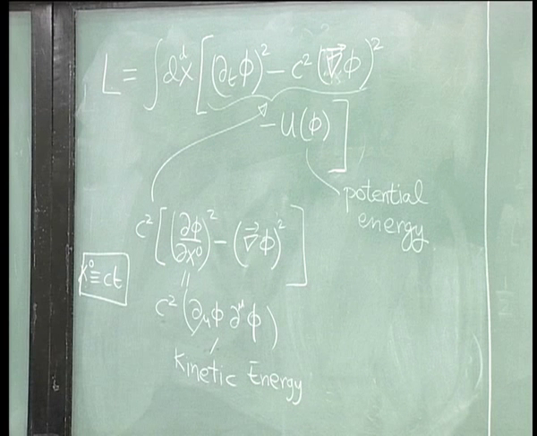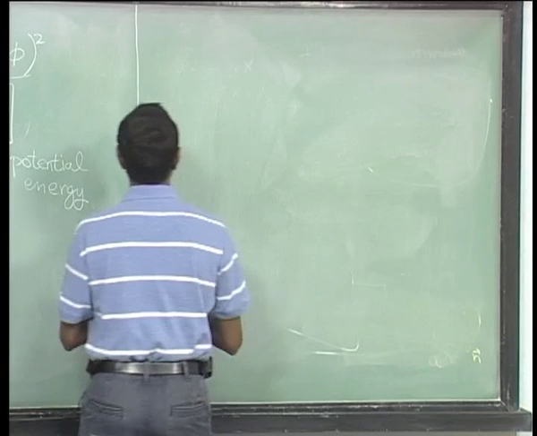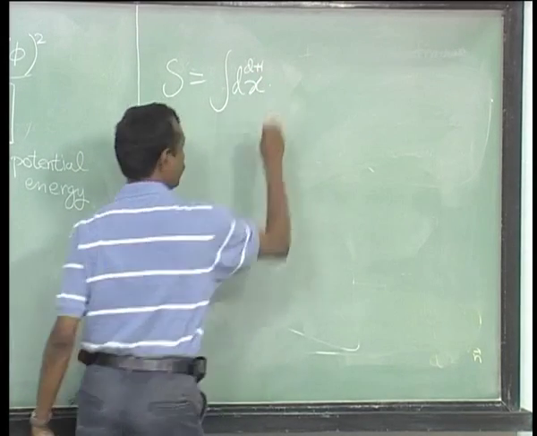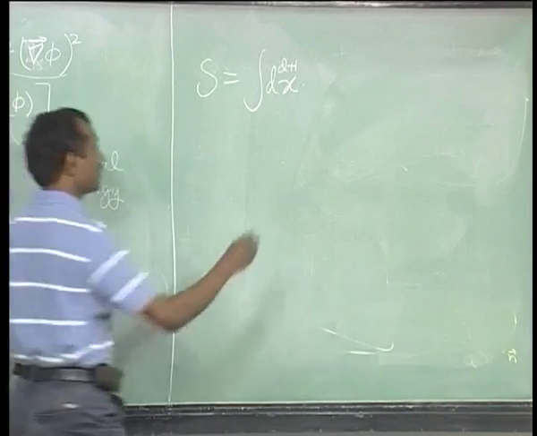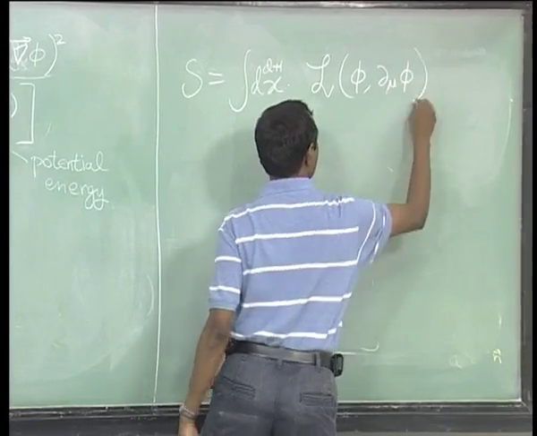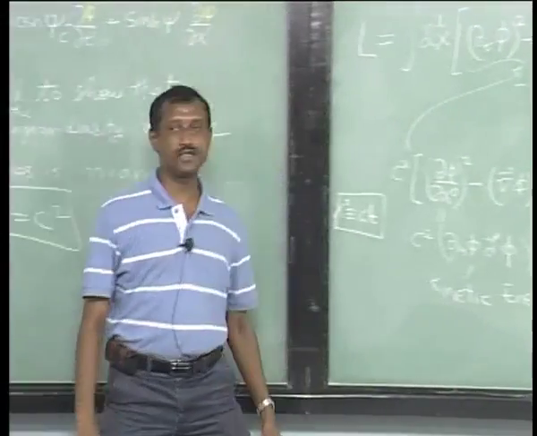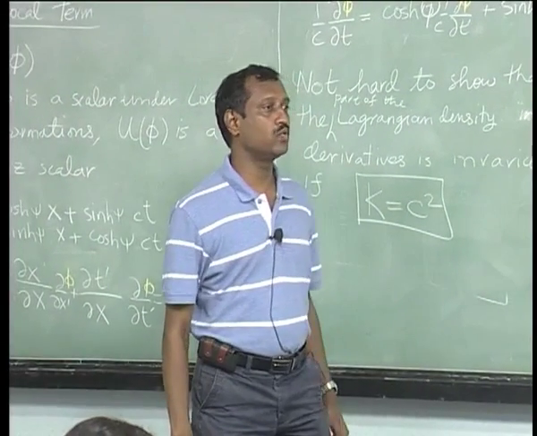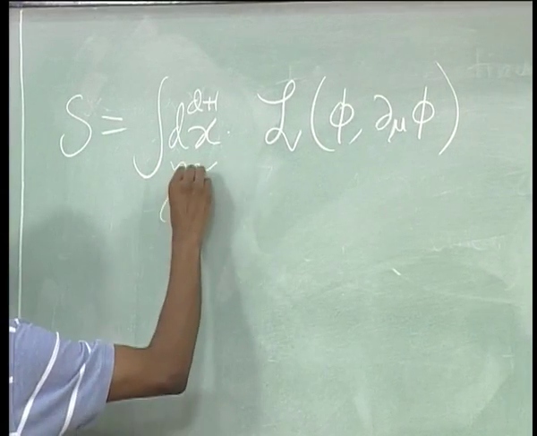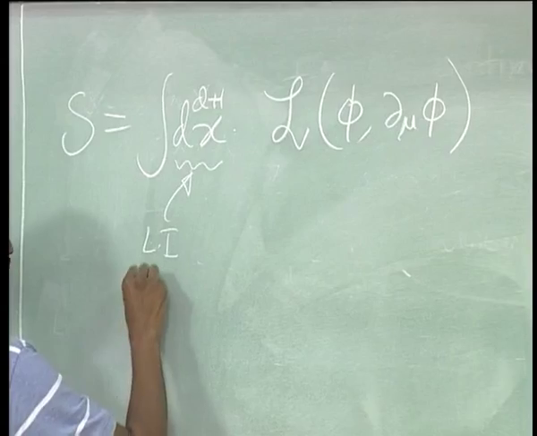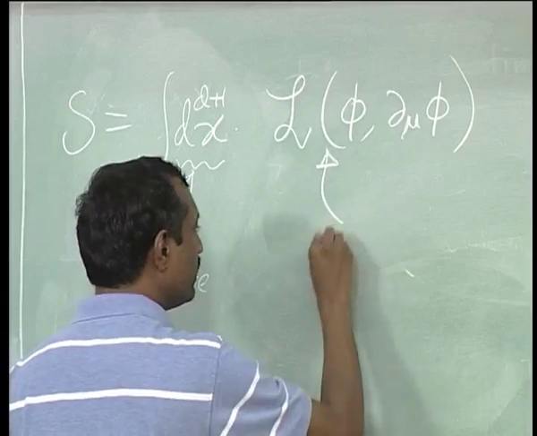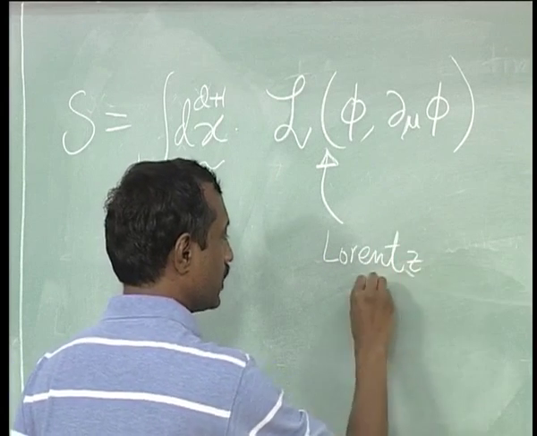So I can write S is the integral, so I am including time and this thing, times some Lagrangian density which depends on phi and ∂_μ phi. And of course, this measure is also a nicely Lorentz invariant measure, and this term by term we saw was a Lorentz scalar.